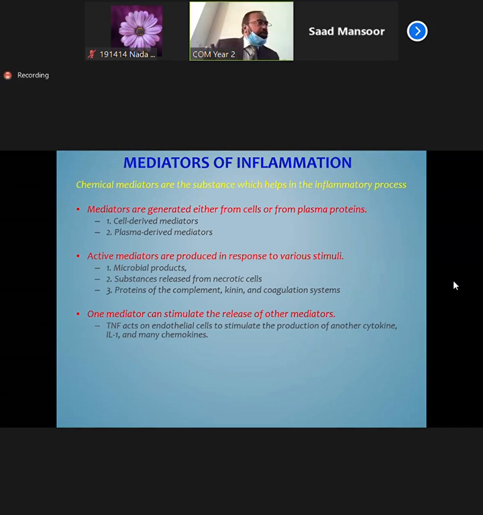Histamine and thrombin activate P-selectin and E-selectin, and tumor necrosis factor and interleukin 1 stimulate integrins, ICAM, VCAM, both on the endothelium as well as on the cells, right?